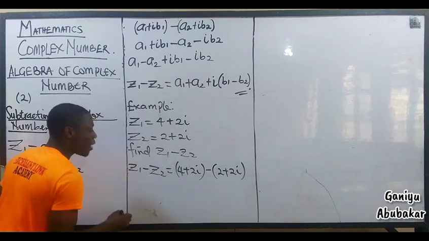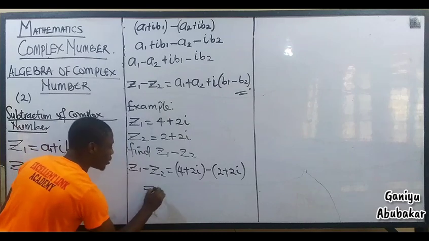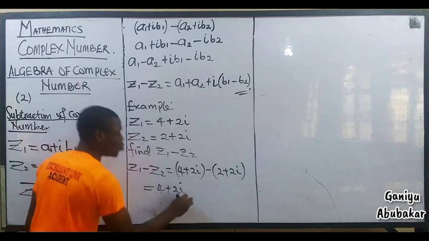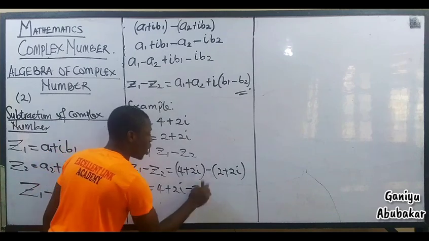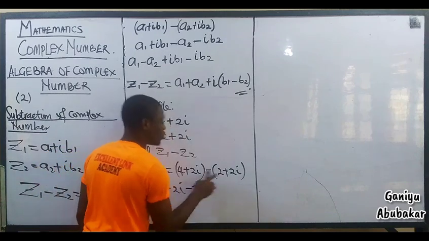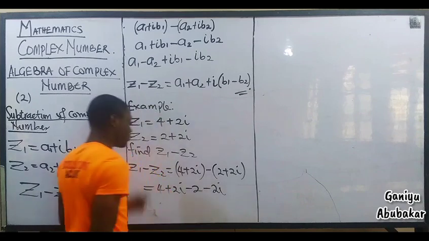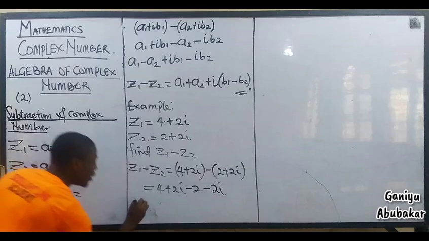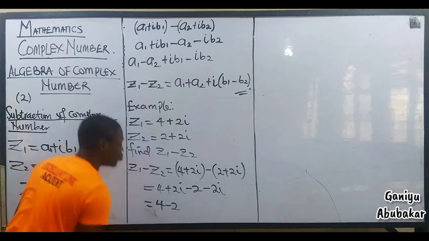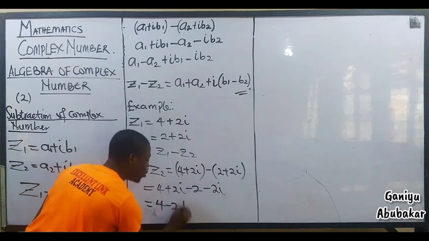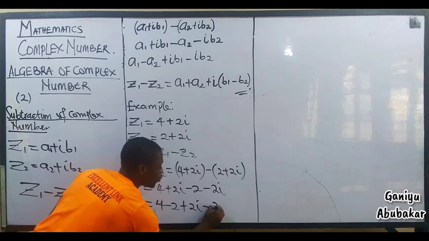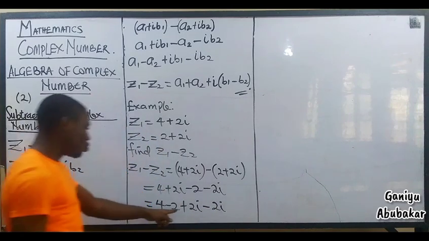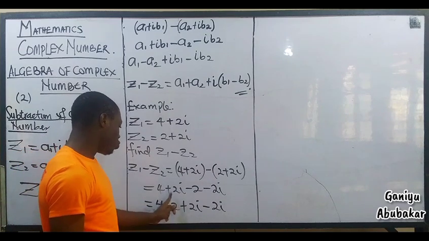At this point, I'll have 4 plus 2i. Next up, minus times 2 becomes minus 2. Minus times plus equals minus, then 2i. At this point, I'll bring the real parts together. That becomes 4 minus 2. Next up, the imaginary part: plus 2i, minus 2i.